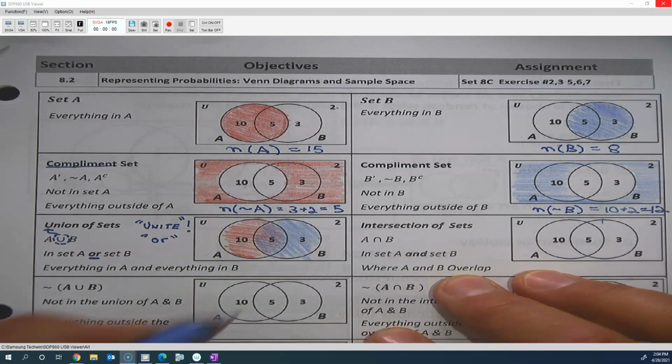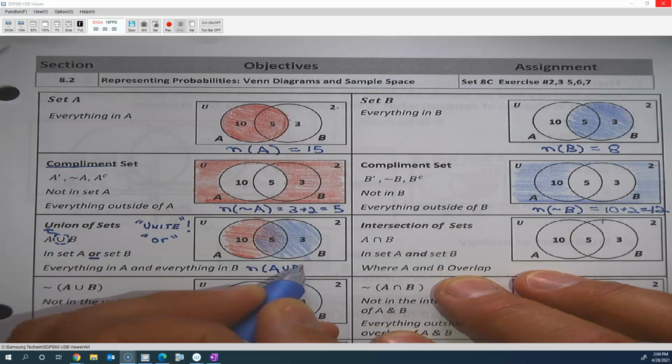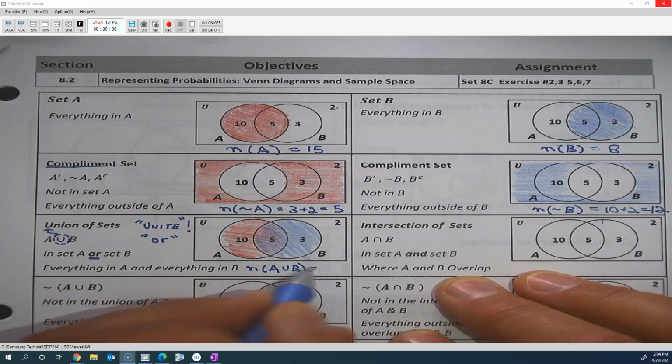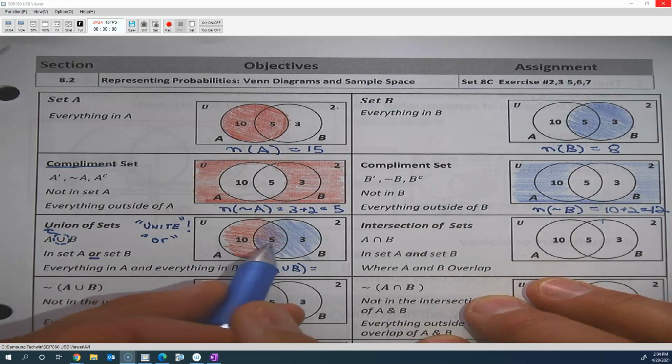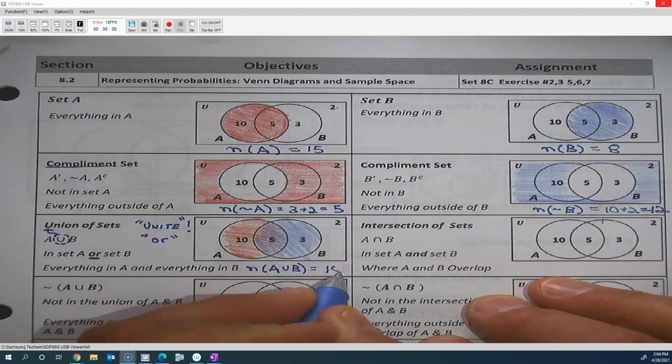And so the number that is in the union of these, A or B, is going to be 10 plus 5 plus 3. So 18.